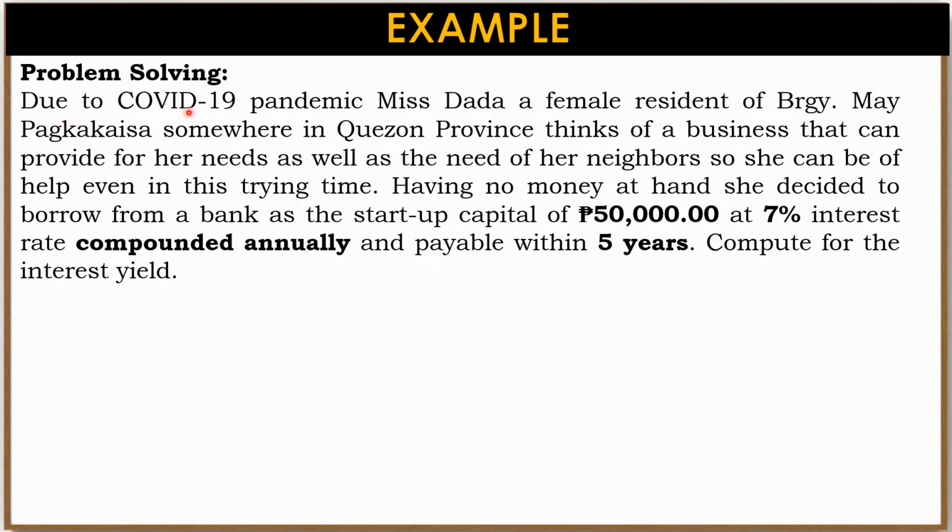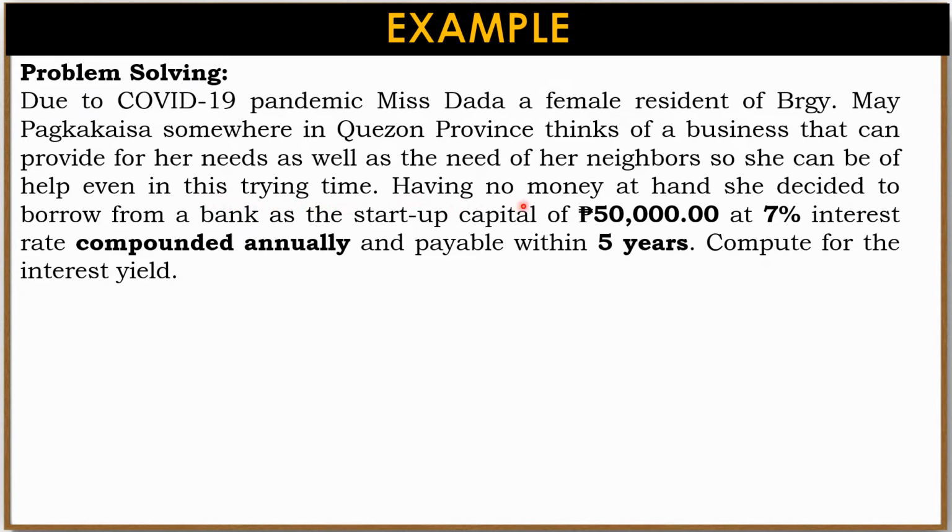Due to the COVID-19 pandemic, Miss Dada, a female resident of Barangay May Pagkakaisa somewhere in Quezon Province, thinks of a business that can provide for her needs as well as the needs of her neighbors, so she can be of help even in this trying time.